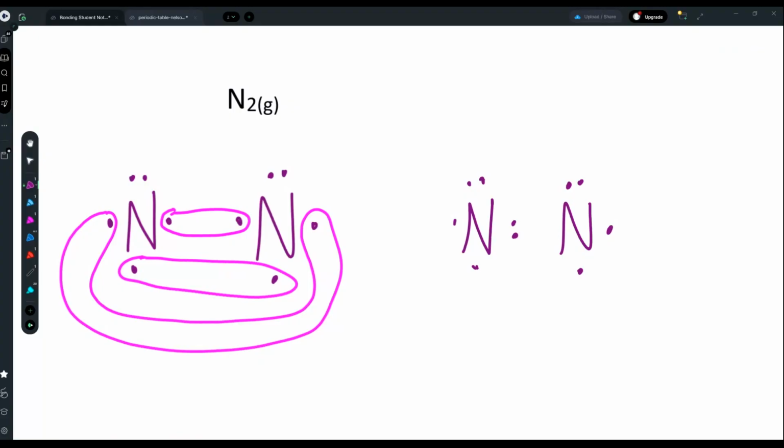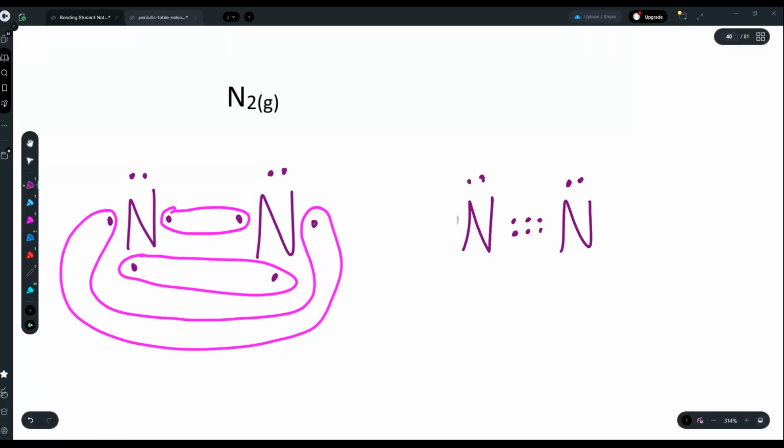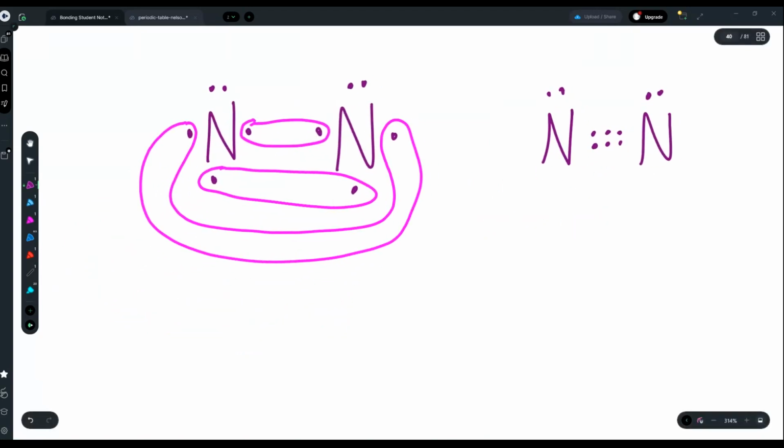So those are those 2. Now let's pair up these 2. So those will go right here. And then let's pair up these 2. So those will go right there. So either method works. Okay, it gets the message across that bonding electrons are being paired up.